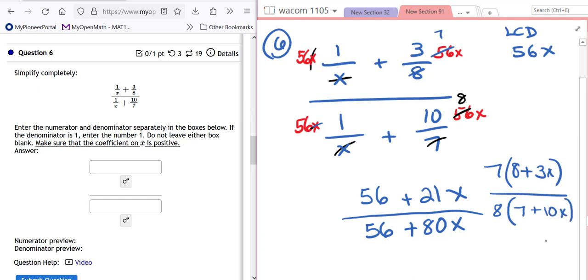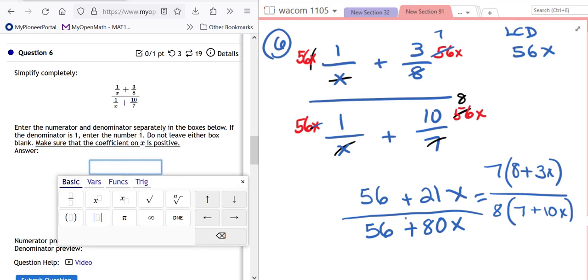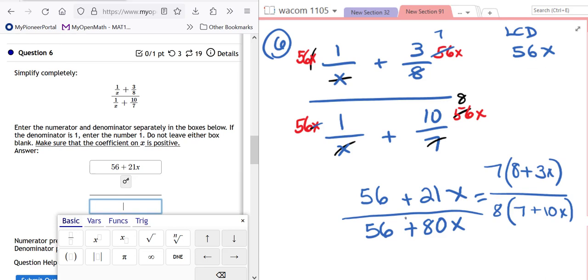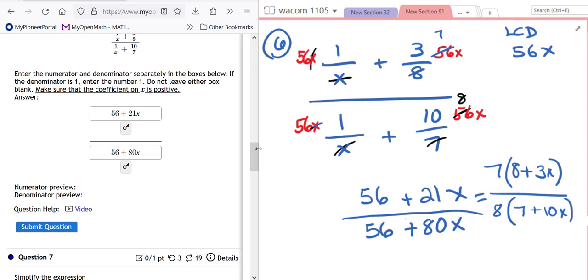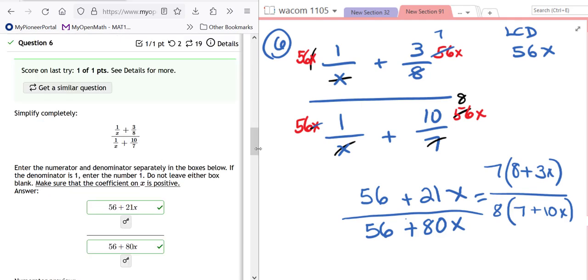But they didn't match, right? So if you did factor that, it's okay. It should accept this answer. We'll type it in and see if they do. So 56 plus 21x over 56 plus 80x. Good.